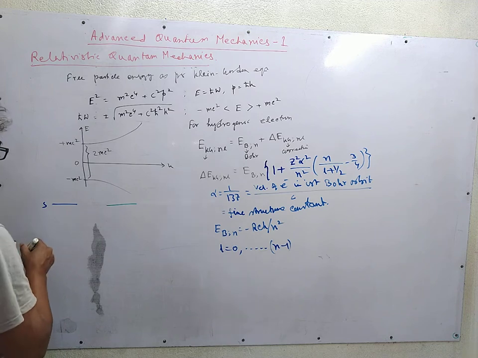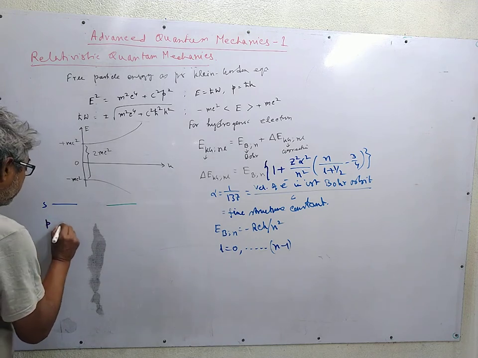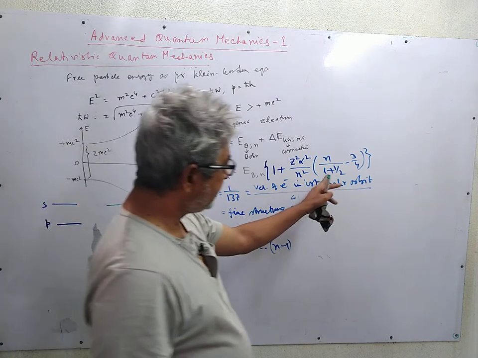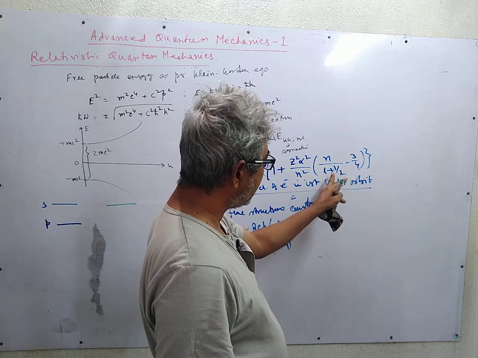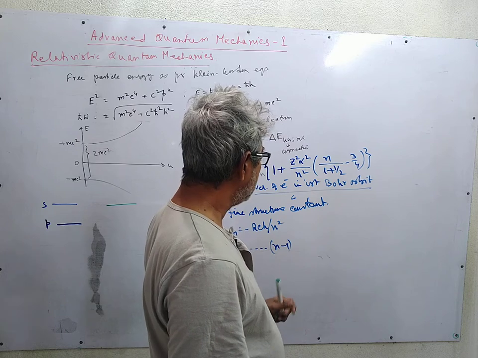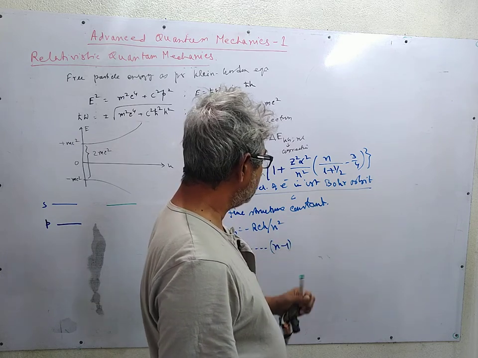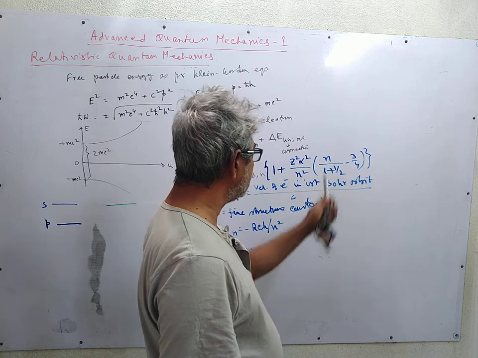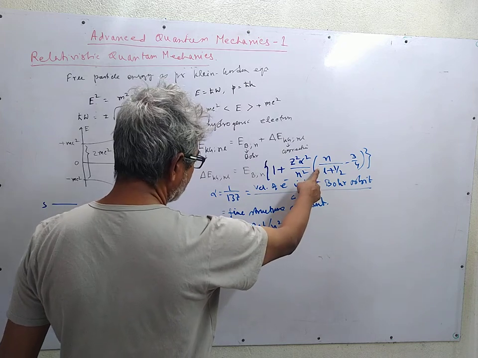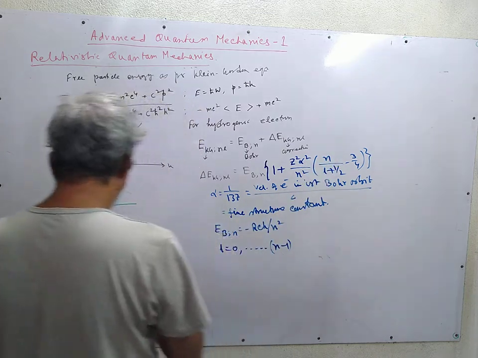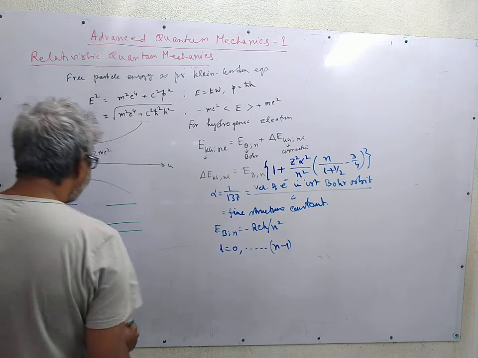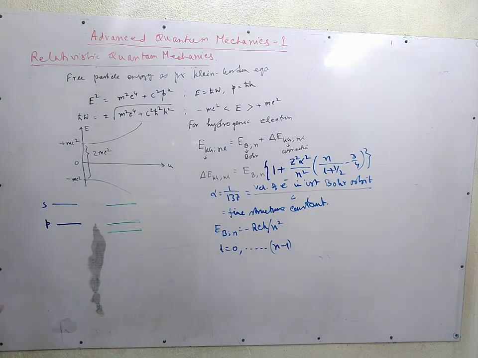If we have P levels, say this is the Bohr's level, if we have n equal to 2, then we have two values of l. One is l equal to 0, another is l equal to 1. So this energy level will be split into two energy levels. Similarly, D levels will be split into three sub-levels.